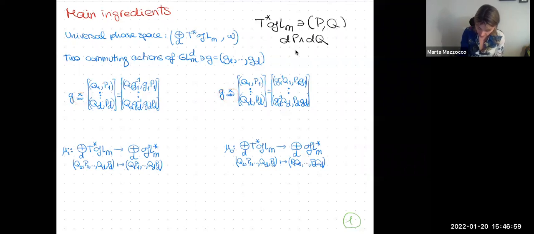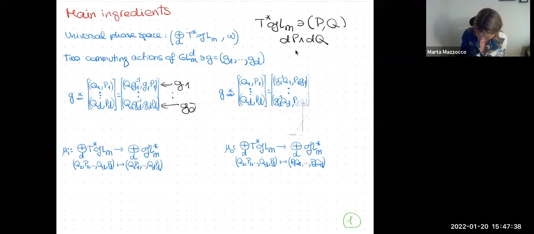And so, as I said before, in each copy of the cotangent bundle, we can put some coordinates P and Q. So let me now call them P1, Q1 for the first copy and P2, Q2 for the second, and so on. So I can act by these D elements in GLM by acting separately on each copy. So I will act with G1 on the first copy, with G2 on the second copy, and so on until I act with GD on the very last copy.